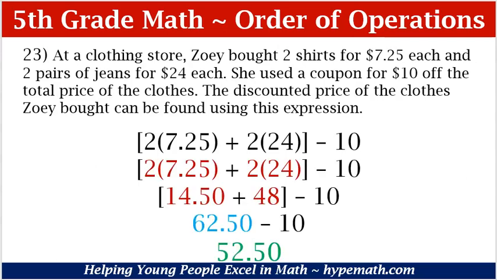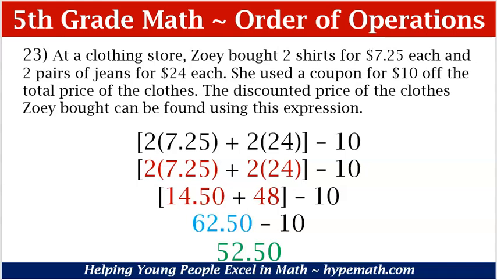So we have in brackets 2 times 7.25 plus 2 times 24, close the bracket, minus 10. Based on our order of operations, we are going to calculate what is inside of the brackets first, from left to right. So first, we are going to multiply 2 times 7.25, and that is $14.50.